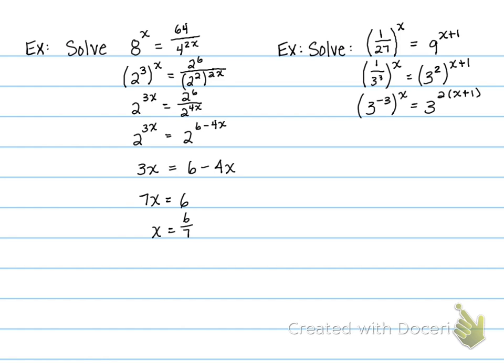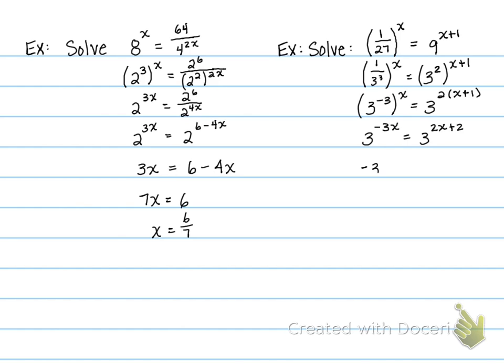So then on the left, I'm going to do negative 3 times x to get a single exponent there. So we have 3 to the negative 3x equals 3 to the 2x plus 2. I just distributed in that exponent, which I could have done after I set them equal to each other as well. Now our bases are the same, single exponent on each, nothing else going on either side.